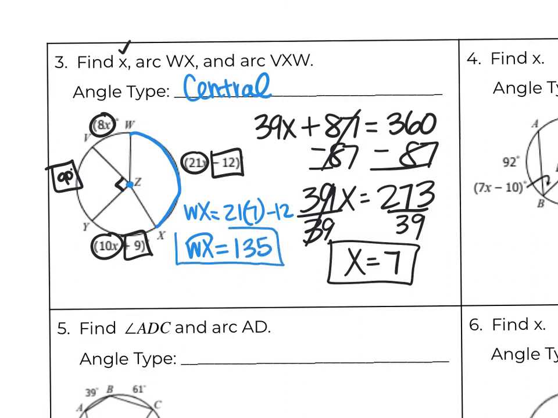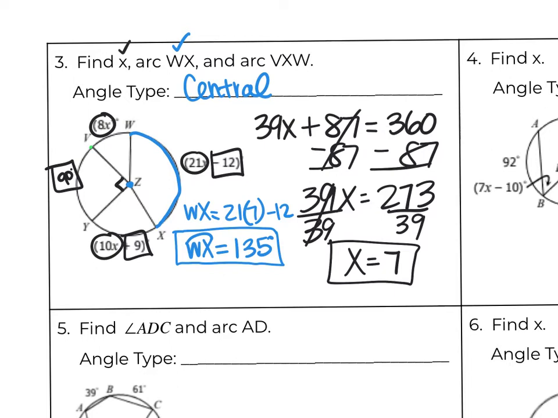Sound good? All right, now the other one is a little bit different. What's different about arc VXW? It's a major arc. This one is kind of tricky. Why do I not want to go the VX way? Why do I want to go that way?